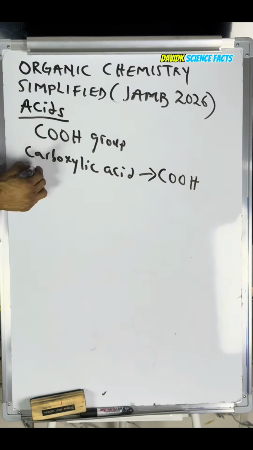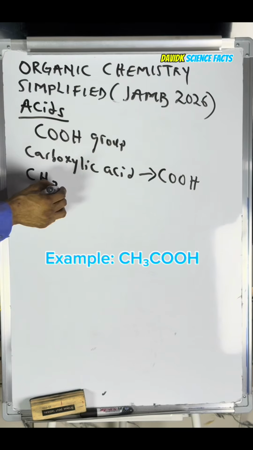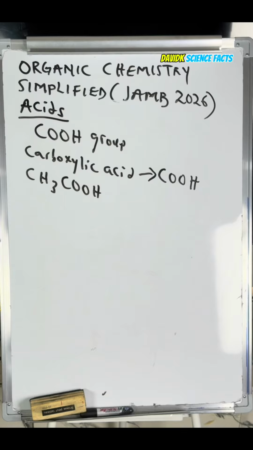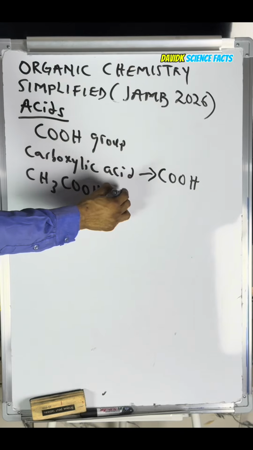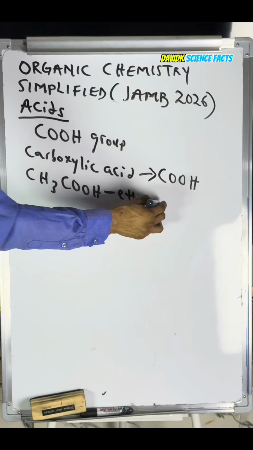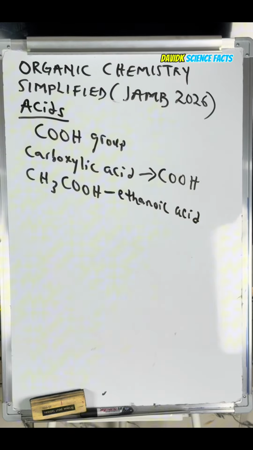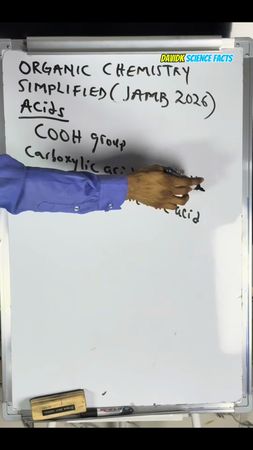Example, we have CH3COOH. Now, CH3COOH is ethanoic acid. It is an acid because it contains the COOH group.